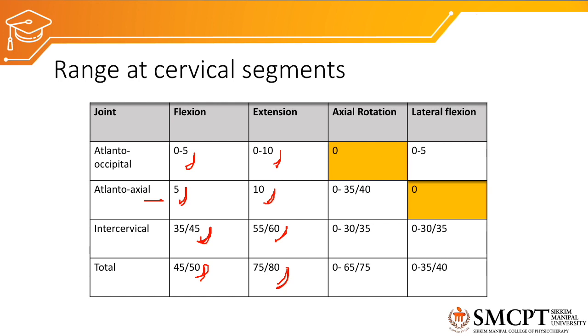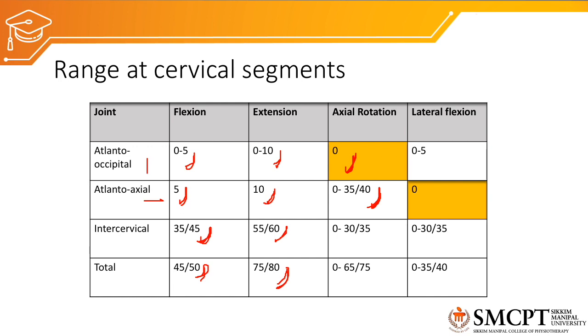Coming to axial rotation, there is no axial rotation at the atlanto-occipital joint. This is an important point here. There is no axial rotation at the atlanto-occipital joint, whereas the atlanto-axial joint has the maximum axial rotation, where the atlas will twist around the dens of the axis.